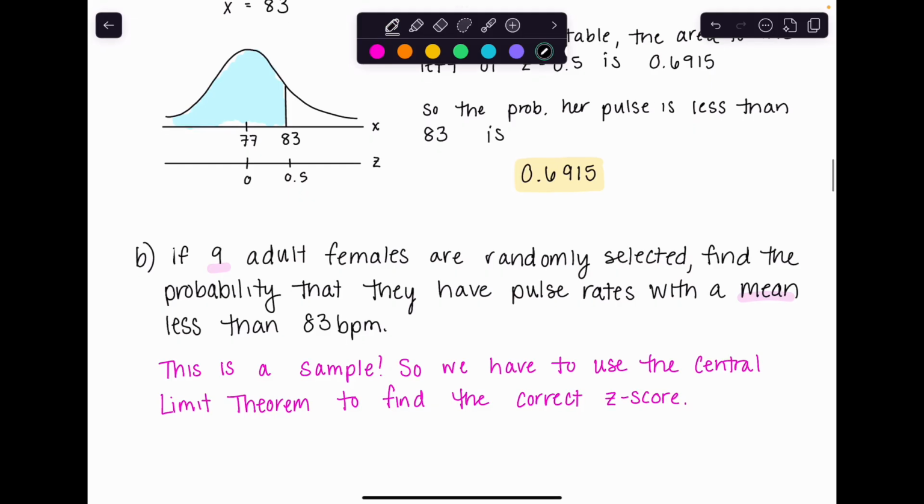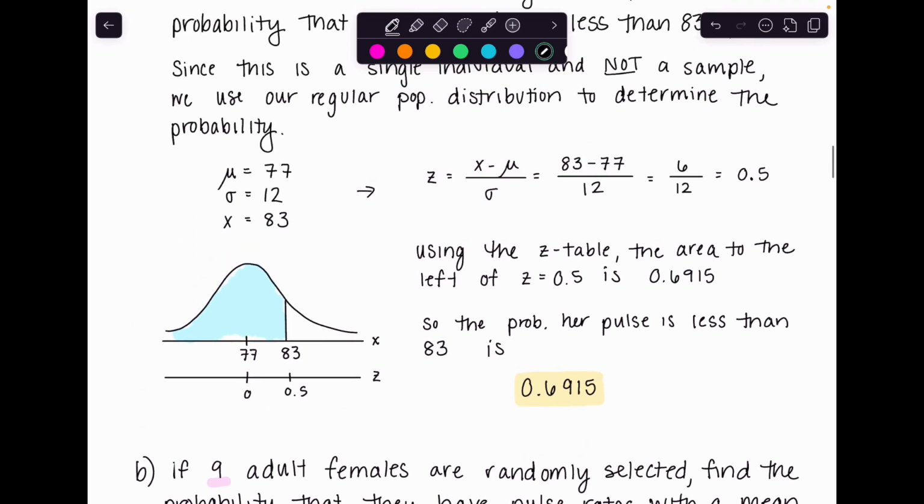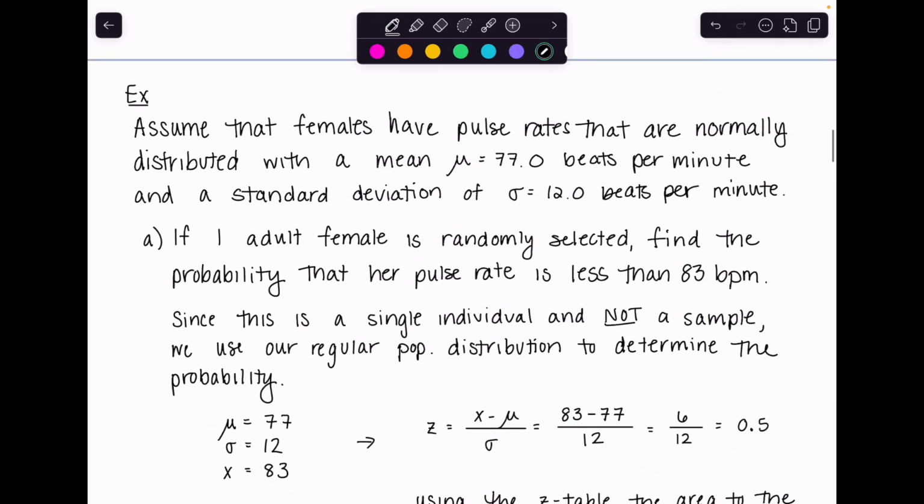So one thing I do have to verify, if I'm using that central limit theorem, it's got to be valid. So my sample is 9. That's definitely less than 30 that I needed. However, back up here, they do tell us that females have pulse rates that are normally distributed.